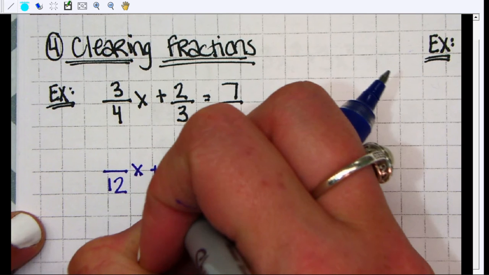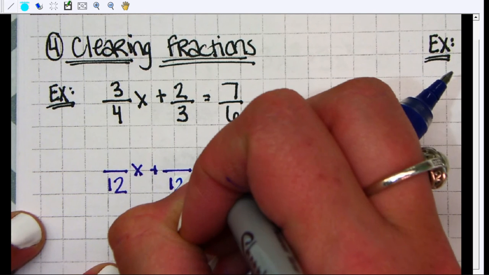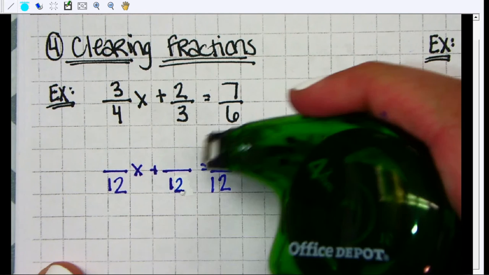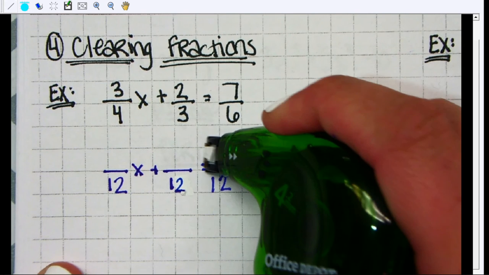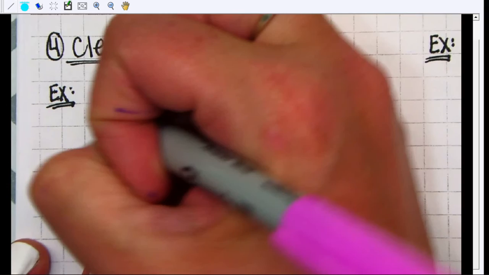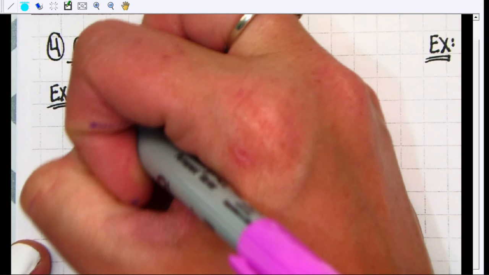So knowing when to use common denominators and recognizing what the common factors of numbers are makes this a whole lot easier. So what should we multiply the 3 over 4 by to get something over 12? 3. So I'm going to multiply this fraction by 3 over 3.